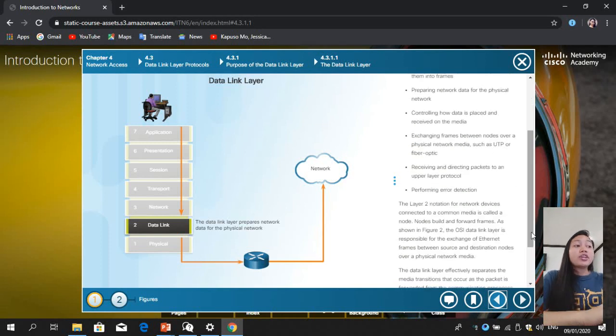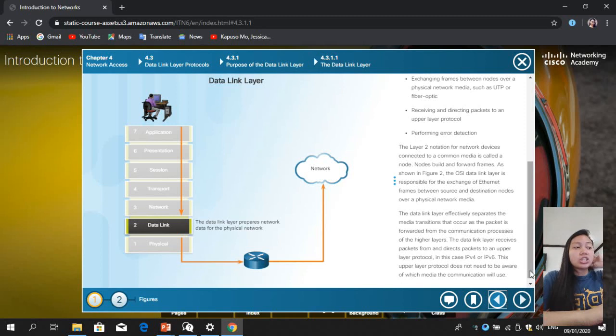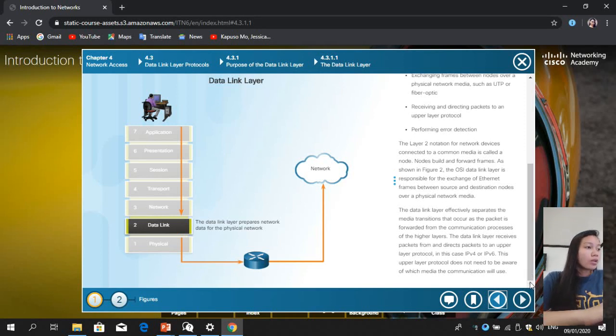The data link layer effectively separates the media transitions that occur as the packet is forwarded from the communication processes of the higher layers. The data link layer receives packets and directs them to an upper layer protocol, in this case IPv4 or IPv6. This upper layer protocol does not need to be aware of which media the communication will use.